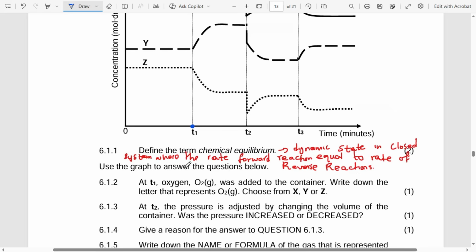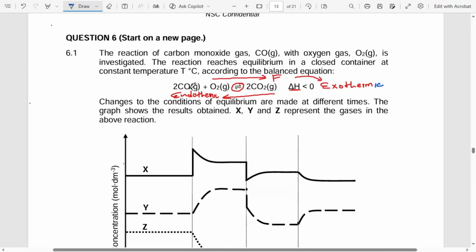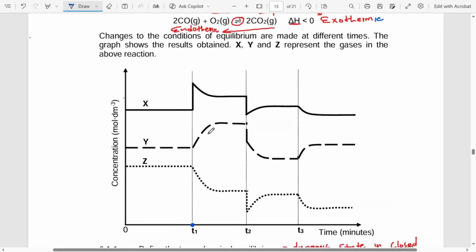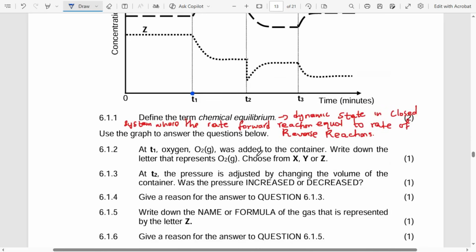So remember, when we add oxygen, oxygen is on our reactants. So what happens when a substance is added? That's what you need to ask yourself. We said that the concentration of that substance will increase instantly, a vertical jump. Please make sure that you note this down.